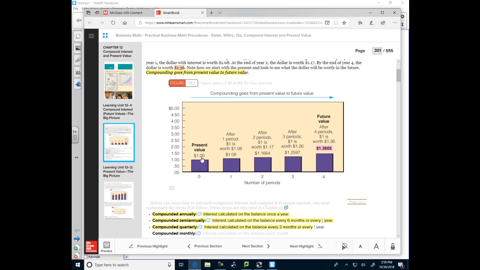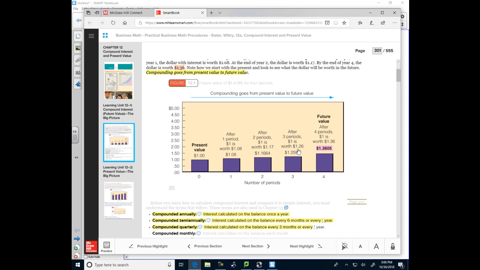At the end of the first period, you'd earn 8 cents on your dollar. Well, that gets added to the dollar. So at the end of the second period, you've got $1.08 is what you're calculating your interest on. So next time you earn 9 cents, I'll round it up, and then that's added back in.